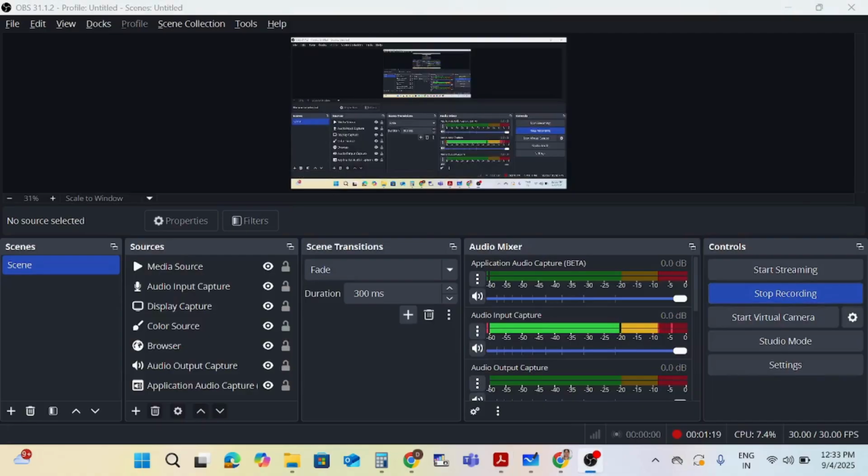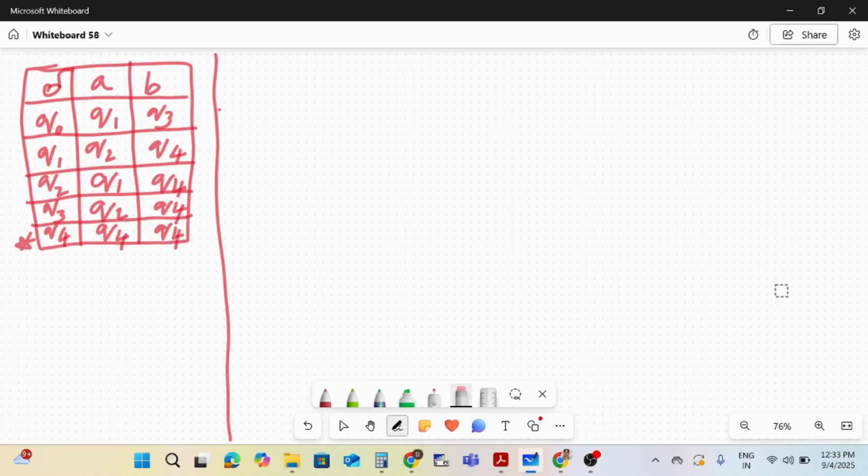I have written the transition table for the given diagram. The very first step is to make partitions. How we make the partition is: the final state is one class.